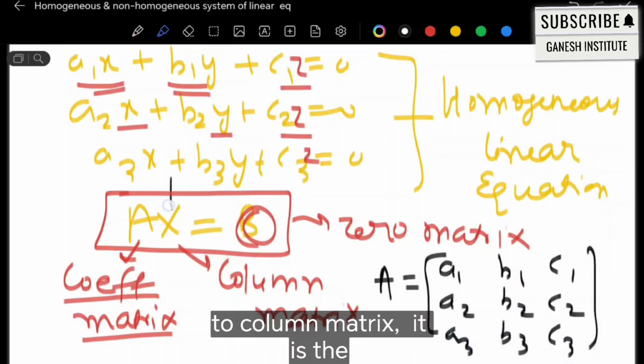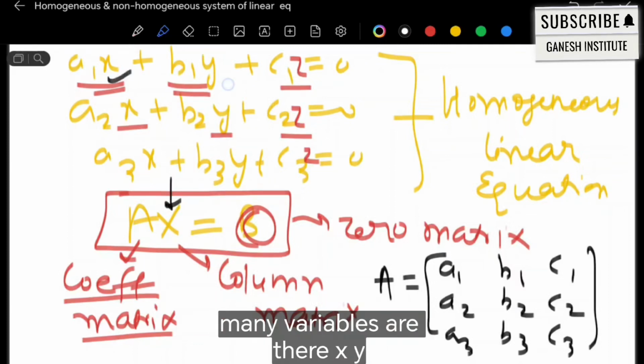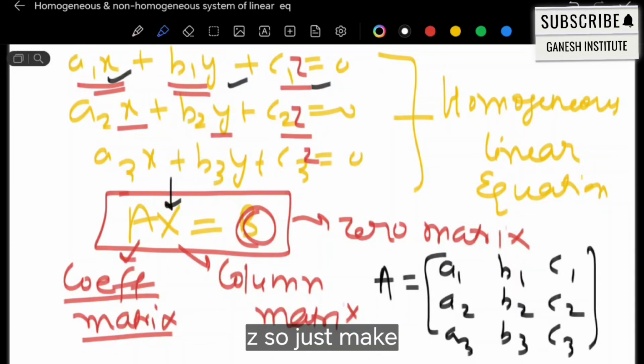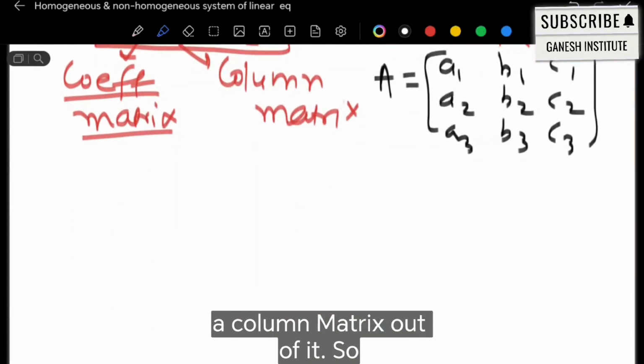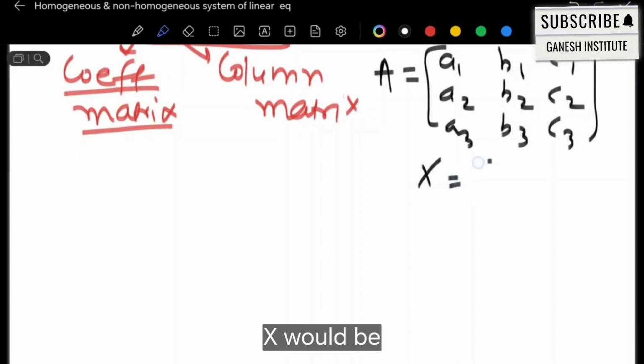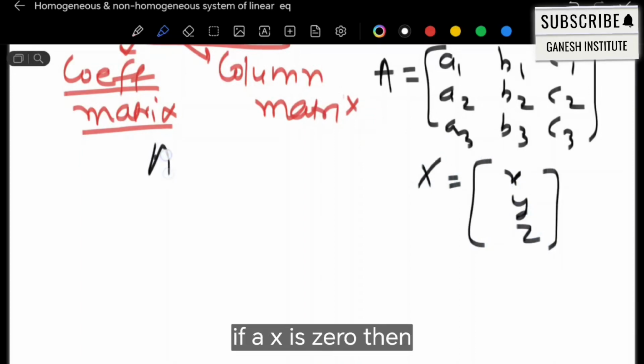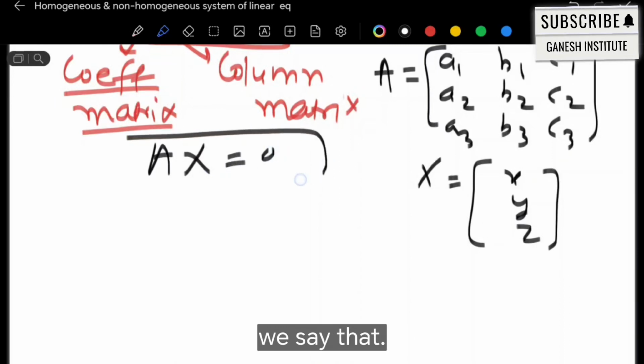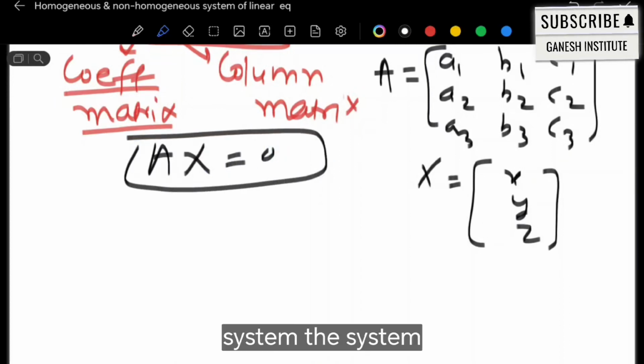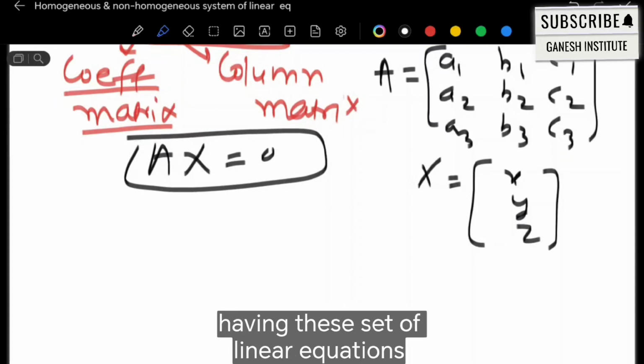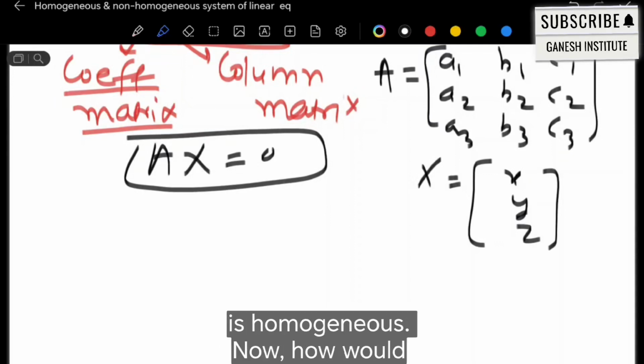Now when it comes to the column matrix, it is the matrix of variables. How many variables are there? X, Y, Z. So just make a column matrix out of it. So X would be x, y, z. If AX is 0, then we say that the system having these linear equations is homogeneous.